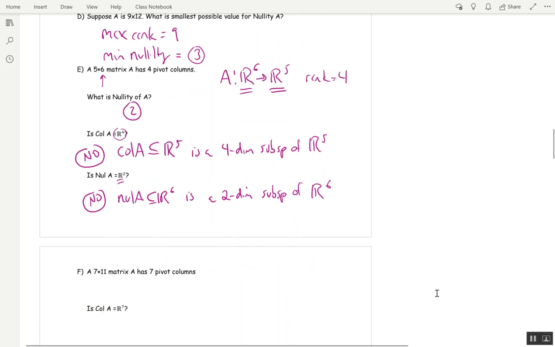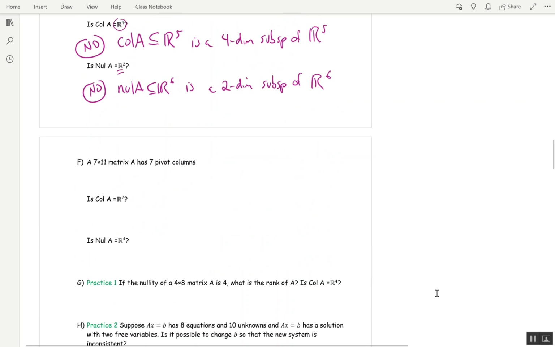Let's do one more like this. A is 7 by 11, it's got 7 pivot columns. So A maps R11 to R7, and we're told the rank is 7 because there are 7 pivot columns. Is col A R7? Now the answer is going to be yes. And here's why.